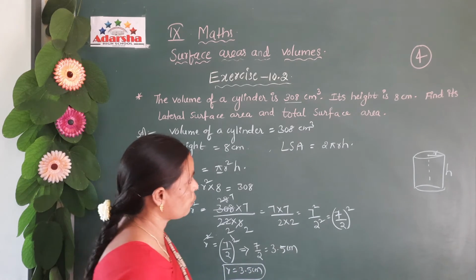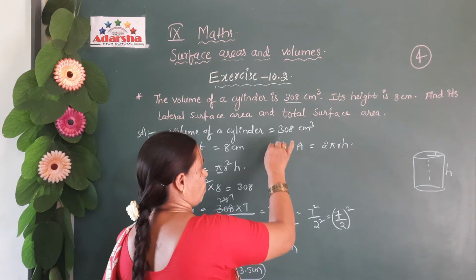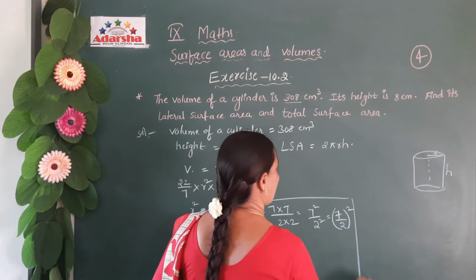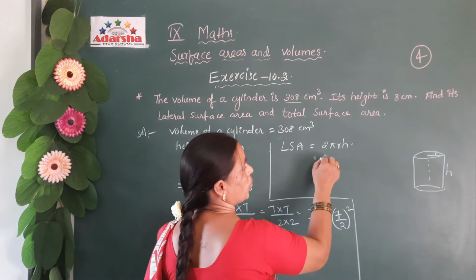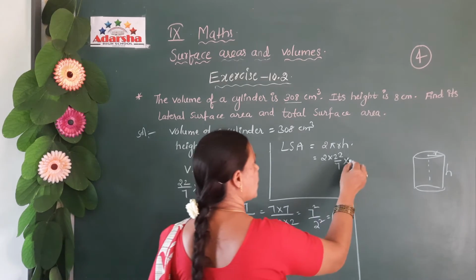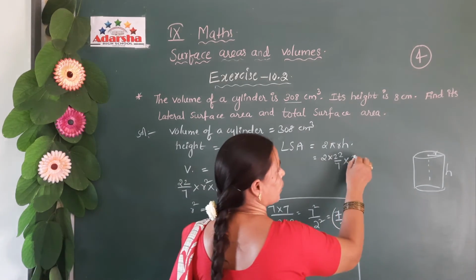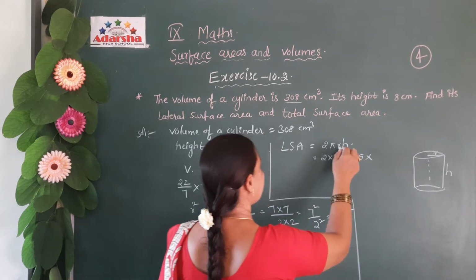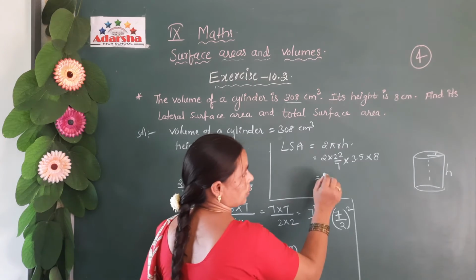Now the LSA of a cylinder is equal to 2 pi RH. So 2 into pi value, we know 22 by 7, into radius. Radius is 7 by 2. If you substitute 7 by 2 or 3.5, no problem, into the height of the cylinder, which is given as 8.